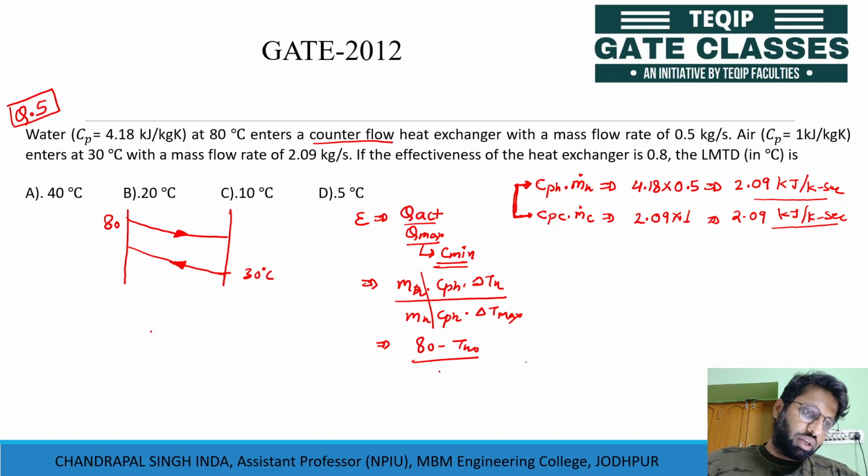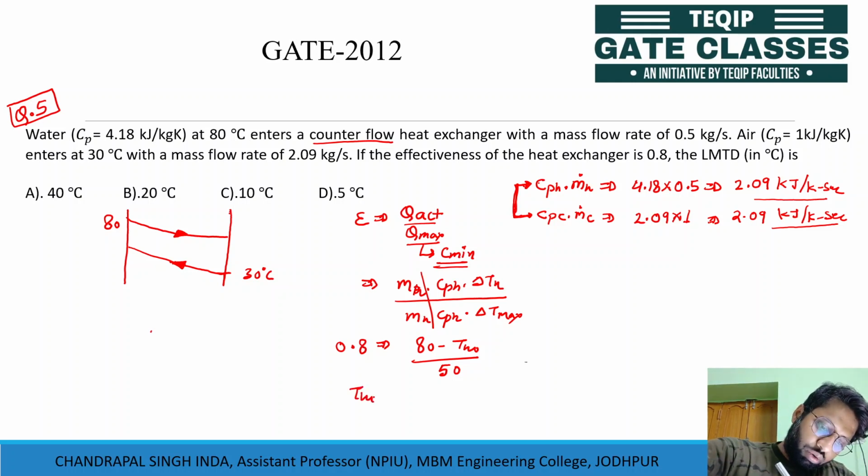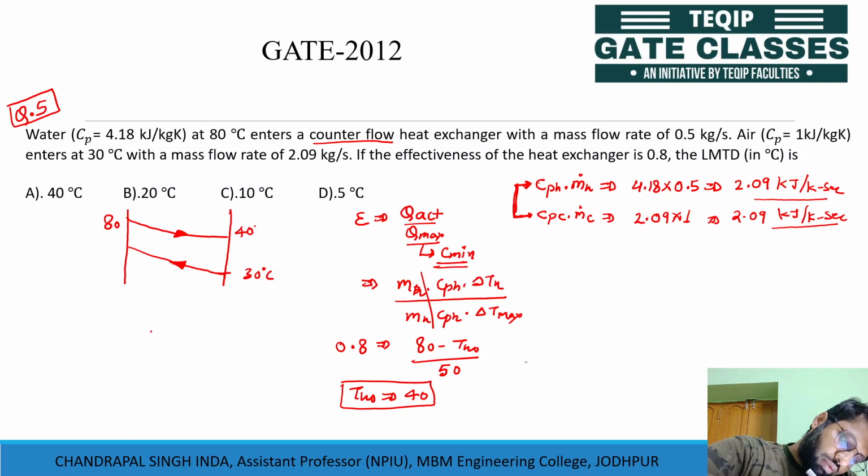Delta T max is given to us as 50 degrees, and effectiveness is also given, equal to 0.8. Then we will have 0.8 into 50 equal to 40. So T hot outlet will be equal to 40 degree centigrade.